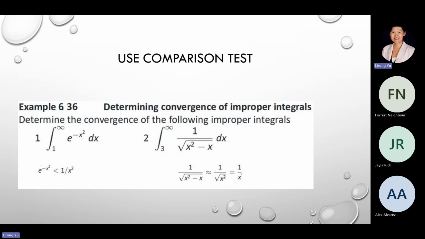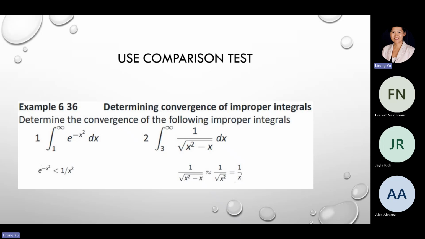So we calculate the integration from 1 to infinity of 1 over x squared. We calculated before, it converged. So therefore this converges. Even though we don't have a formula for it, we know it's equal to a finite number. The whole integration should have a value, even though we don't know that value. You can do a numerical calculation, you can use computers to come up with the appropriate number for it.